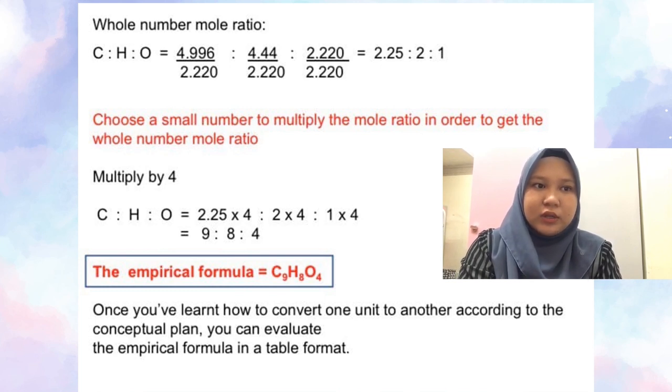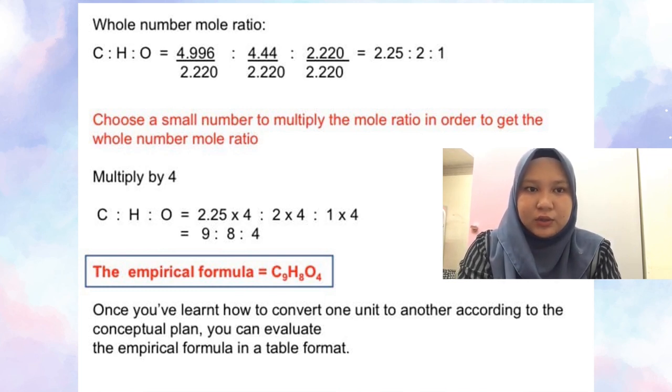Choose a small number to multiply the mole ratio by in order to get the whole number mole ratio. Multiply by 4: 2.25 times 4, 2 times 4 and 1 times 4, and the answer is 9, 8 and 4. The empirical formula is C9H8O4.